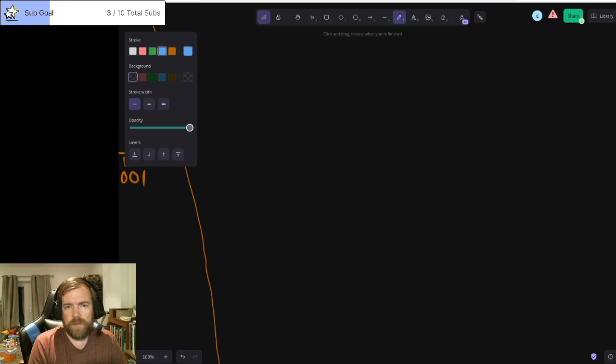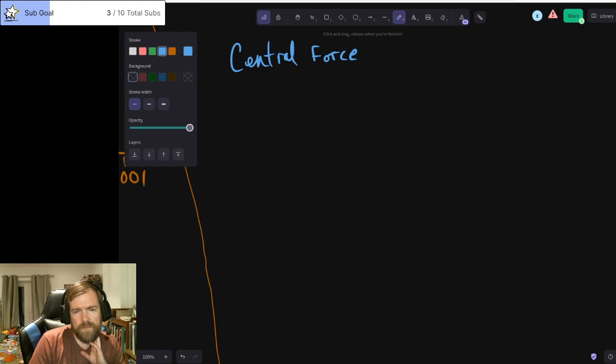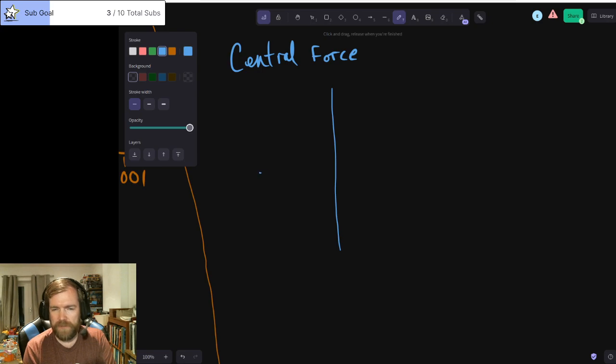So the next thing we wanted to look at were what are the possibilities if we have something called a central force. So in this case, we're going to be looking at an object which we will consider at the origin, just because we always do that.